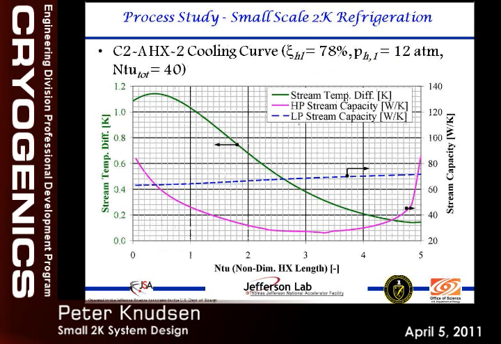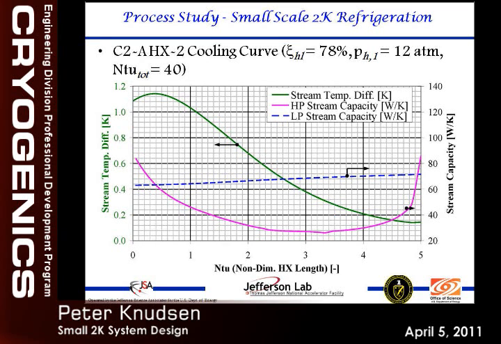All right, so this curve right here is a little bit of an involved curve, but it's actually a very interesting curve. This is the coldest heat exchanger, basically the 4 to 2K heat exchanger. This is the NTU, so this is the length of the heat exchanger. This is the warm end of it, this is the cold end of it.